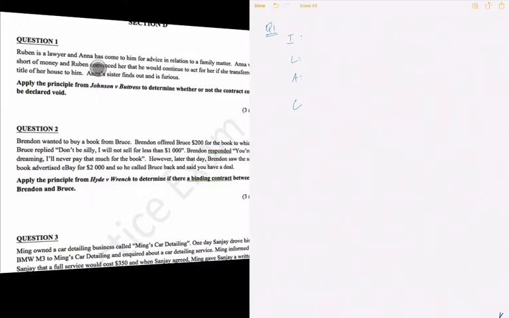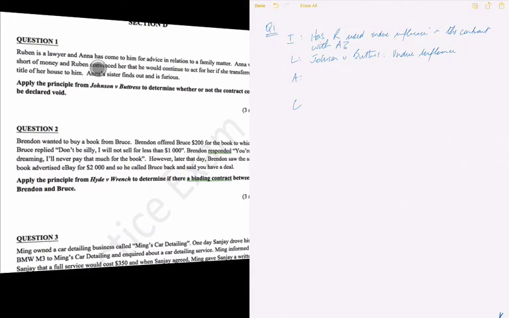Well, if we know that this is a Johnson and Buttress undue influence, if we actually know that it's about undue influence, then the issue is, has Ruben used undue influence in the contract with Anna? Okay, so that's the issue.